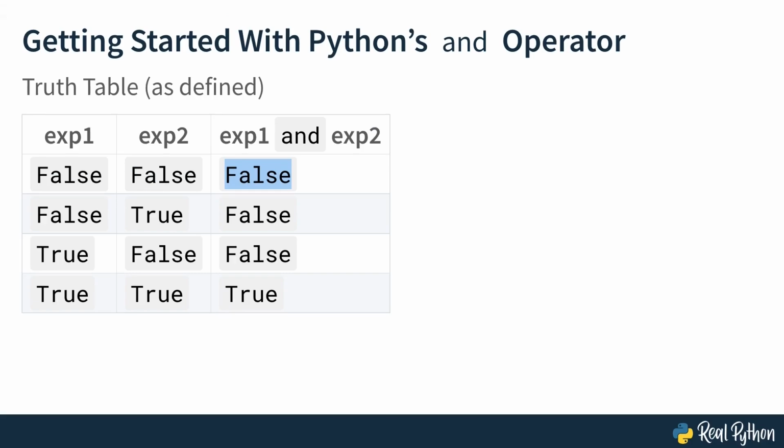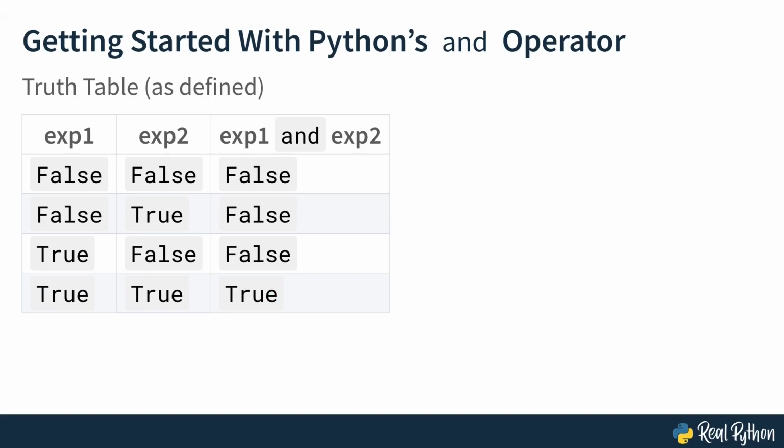If the first one is false and the second one is true, false and true is false. In the next row, true and false is false. And finally, in the last row, true and true is true.